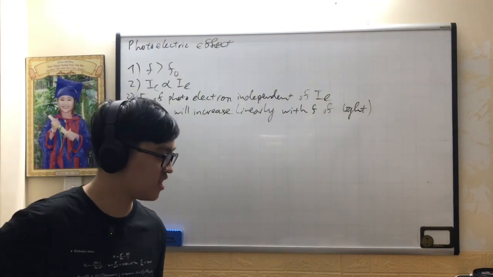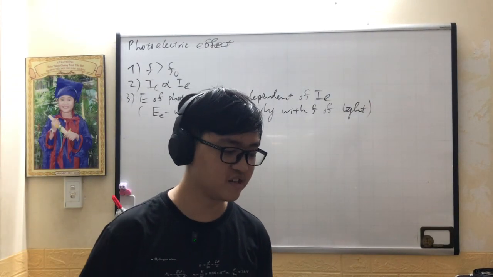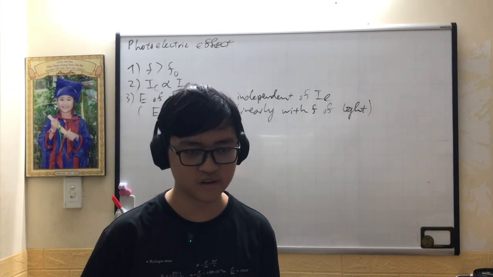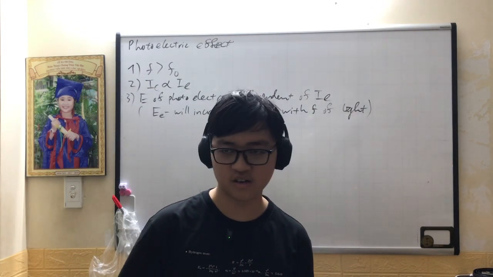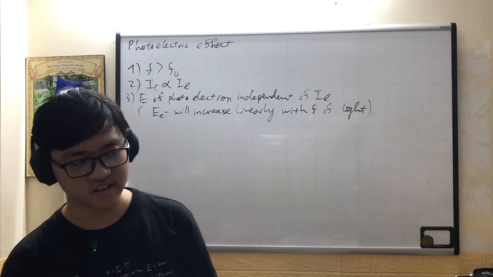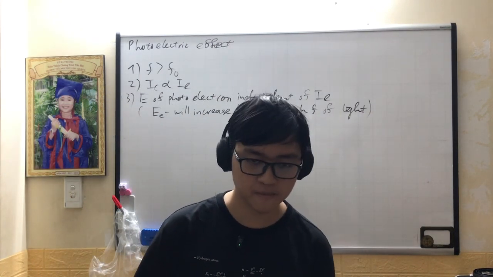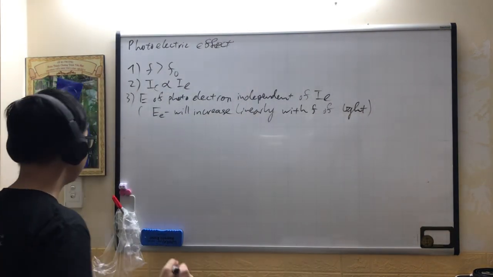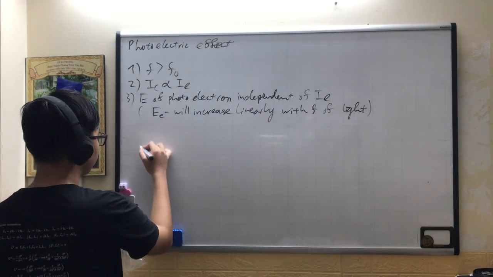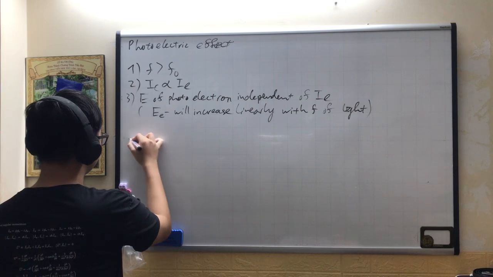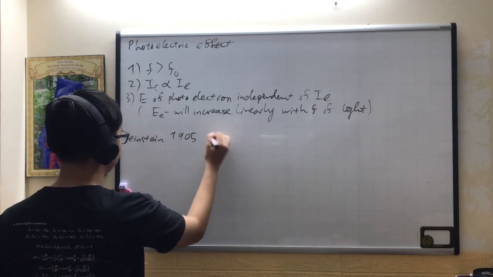Einstein established that light is composed of discrete packets of energy called quanta, and this was later renamed to a photon. He has an equation here, the Planck equation from Einstein, 1905.